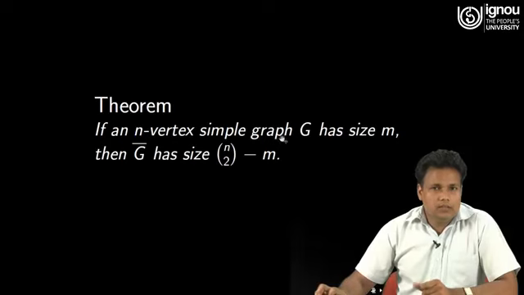The result is straightforward. We know that G bar has precisely those edges which are missing in G. So, if you take the union of G and G bar, what we get is a complete graph which has n choose 2 edges, and hence the size of G bar is n choose 2 minus m, where m is the size of G.